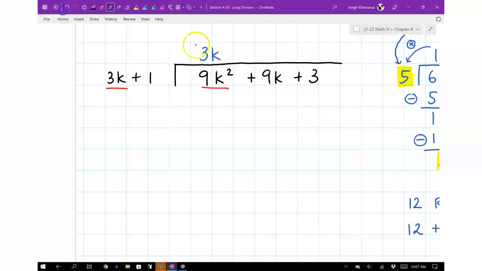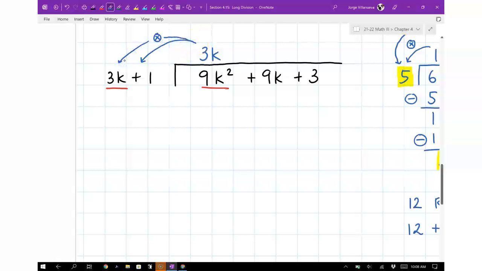So all we're going to do, like we did before, I will erase this, by the way, these lines, eventually. But I got to multiply 3k times 3k plus 1. I'm going to have to distribute it. Okay? So it's going to multiply to both.